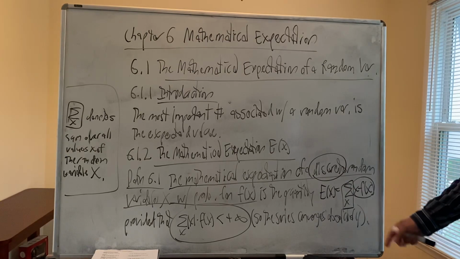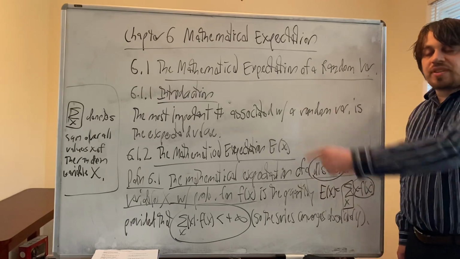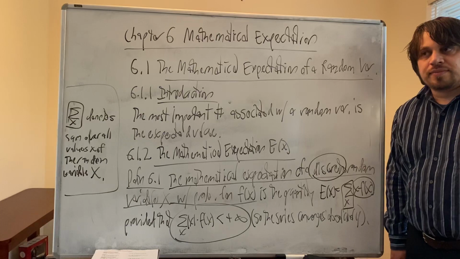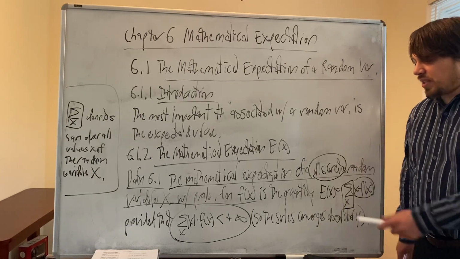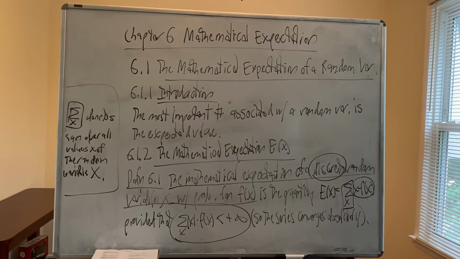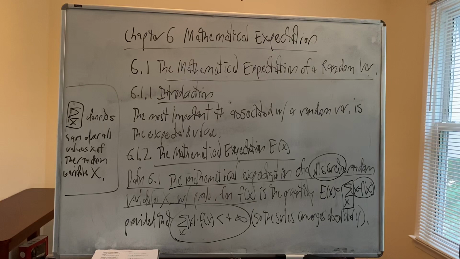But the sum is always over all possible values of little x that capital X takes on. The number of possible values of x is limited by the fact that it's a discrete random variable. So that's the definition of E of x.